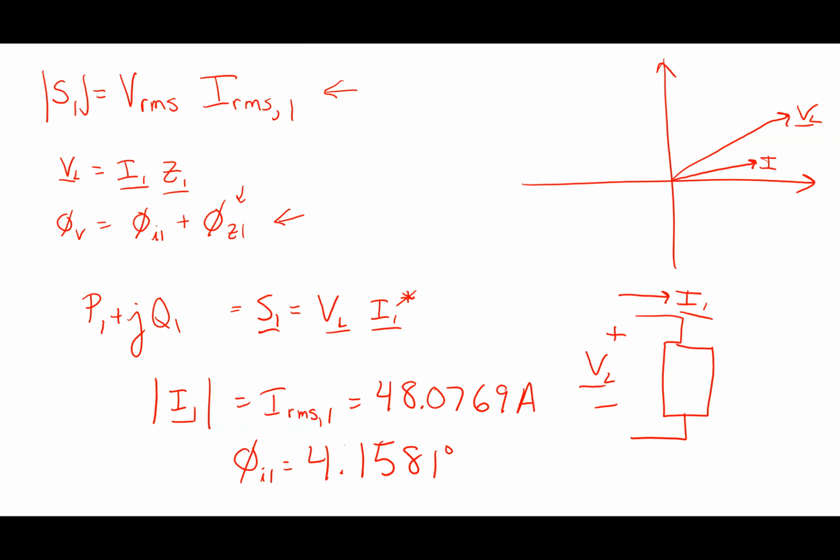Now I do the same thing for the other load. Exact same approach for the other load. When I do the exact same thing for the other load, I end up with I2 as a magnitude of 67.8733 amps with an angle of, in this case, it is in the fourth quadrant, 1.7883 degrees.